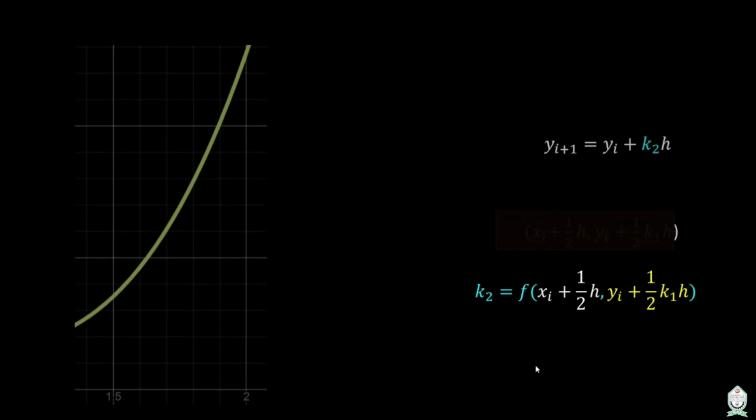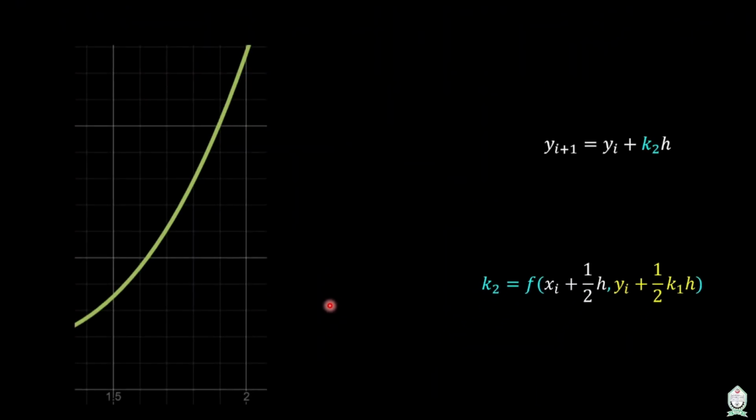Let's see how the midpoint method pans out on the graph paper. Let's assume this is xi and this is yi and this is the interval, so this is xi plus 1 or xi plus h.